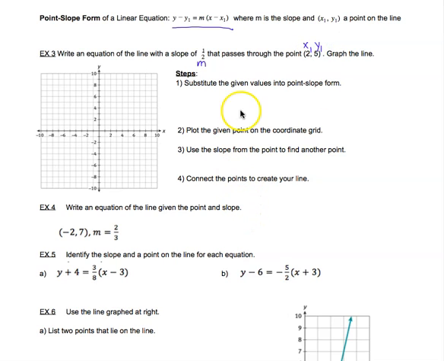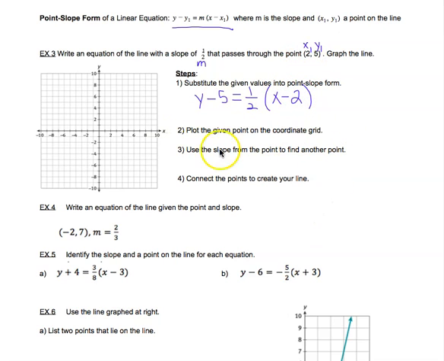The first thing I'm going to do is just substitute those values into my point-slope form. You are not substituting for the plain y and the plain x. Those are our variables. So y minus y1, which is 5, equals m, which is 1/2, times x, which stays x, that's my variable, minus x1, which is 2.